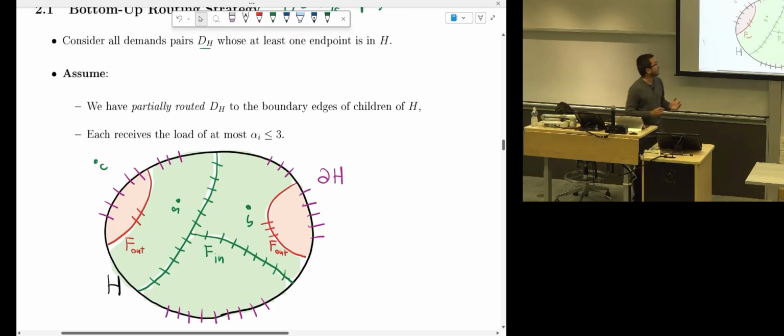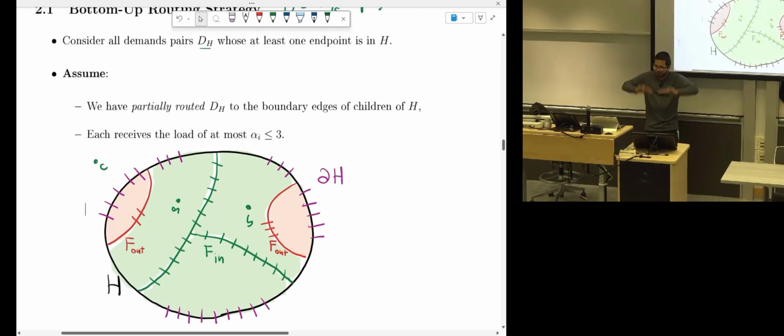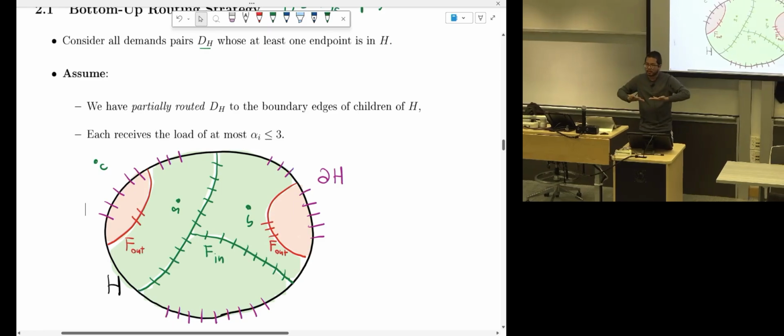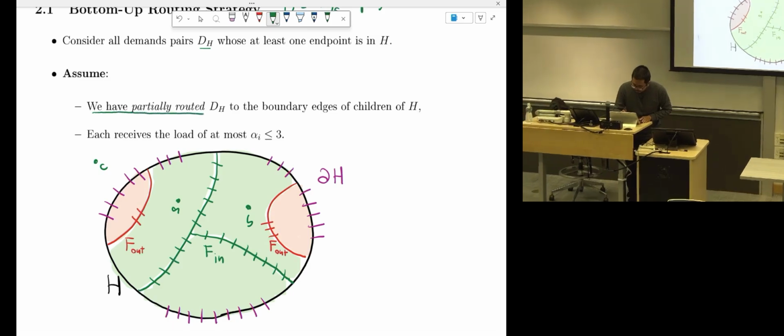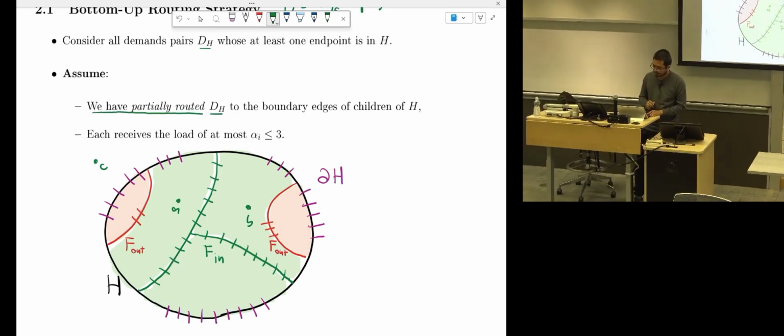I will assume that I have done the work bottom up, meaning that my children have taken care of the routing up to some point so far. That is, we have partially routed this demand to the boundary edges of the children.